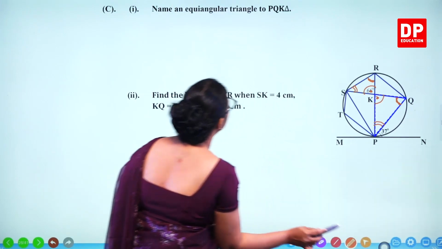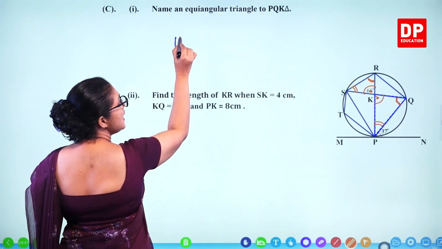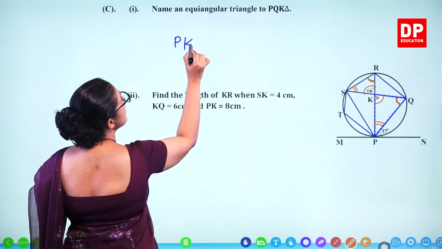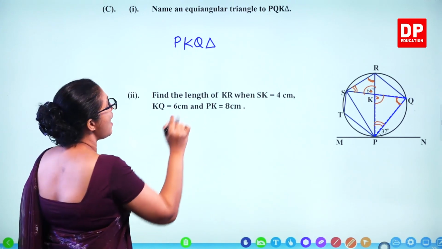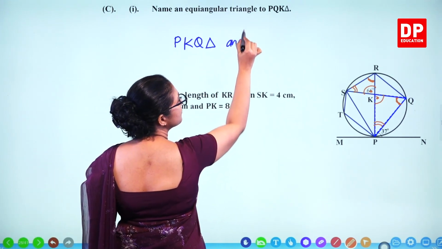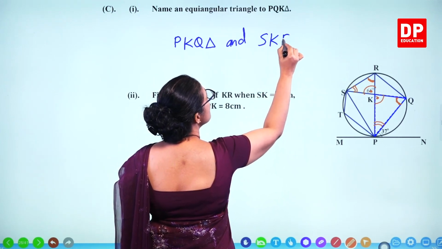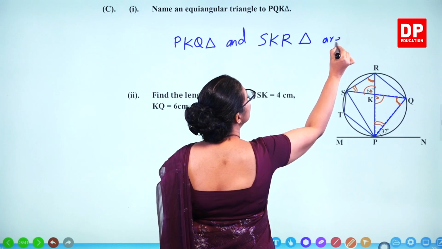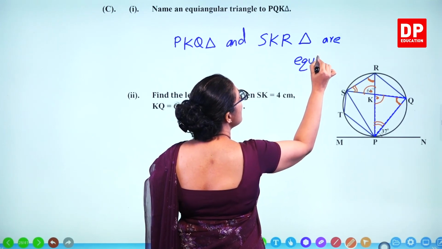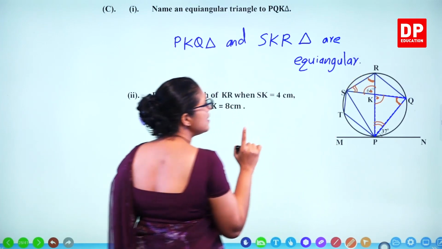What's that? We can say PKQ triangle, or PQK triangle, and SKR triangles are equiangular. What's the reason?